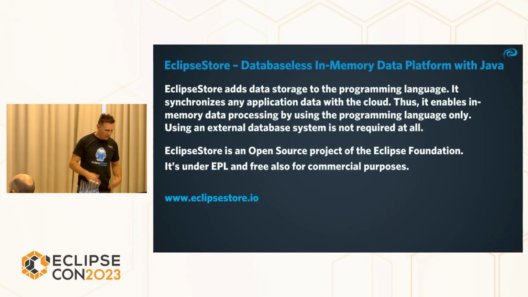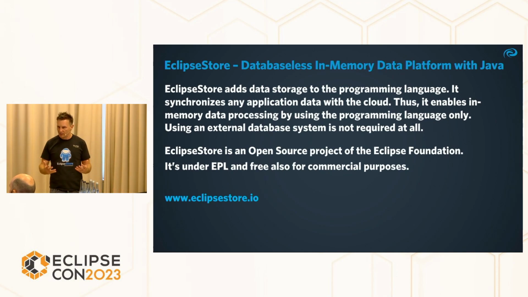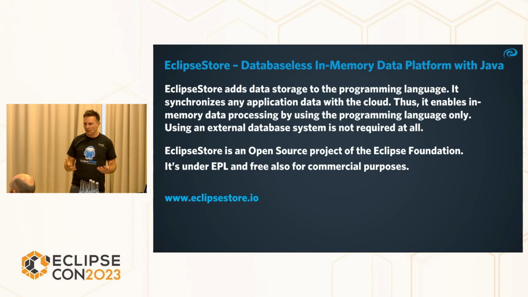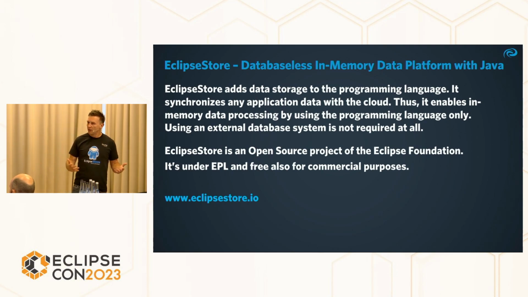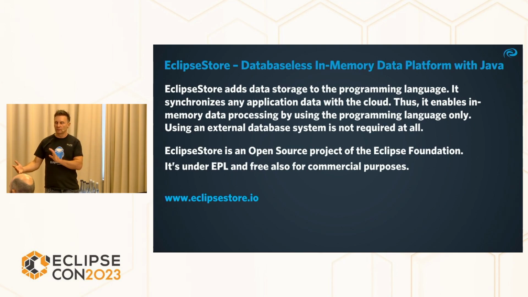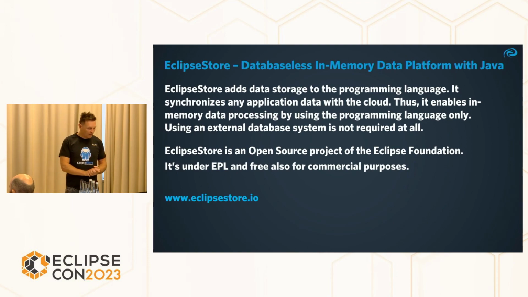What is EclipseStore in a nutshell? It's a persistence that replaces Hibernate, and it stores any kind of objects, any complexity and any size persistently into any data storage, like plain files. We recommend blob stores like AWS S3 because it's fully managed, but you can also use plain files, of course.